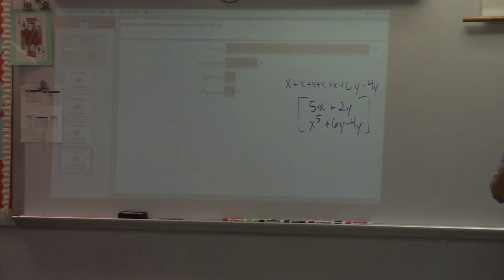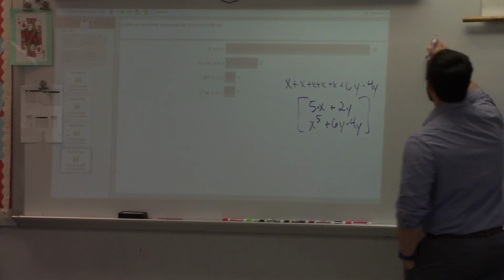Yeah, but y'all are completely ignoring the idea of the y's, aren't you? Why is 6y minus 4y 2y? Because 6 minus 4 is 2. But then you're completely ignoring the y's. Yeah, so why does the same variable matter? Because they can be combined or like subtract or separate. They can be. Why can they be combined? Why can they be added and subtracted?